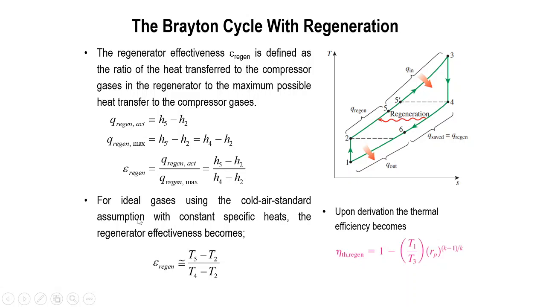For ideal gases using the cold-air-standard assumption with constant specific heat, the regenerator effectiveness becomes this equation, using the temperature at each point. So basically, for the effectiveness of regeneration we can also use this equation.